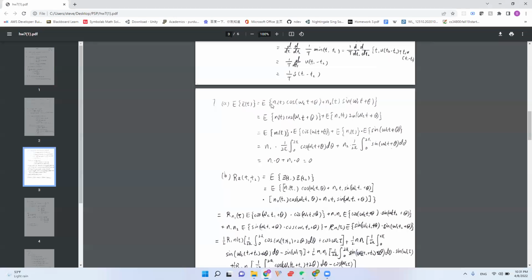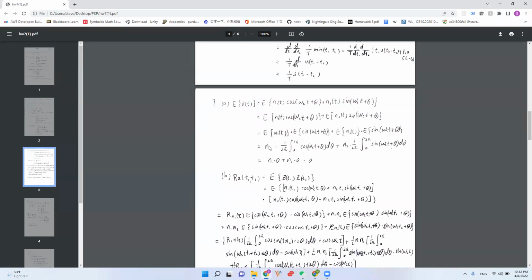The whole expected value can be divided into 2 expected values, and then further divided into 4 expected values, because this is a multiplication, which is very obvious.